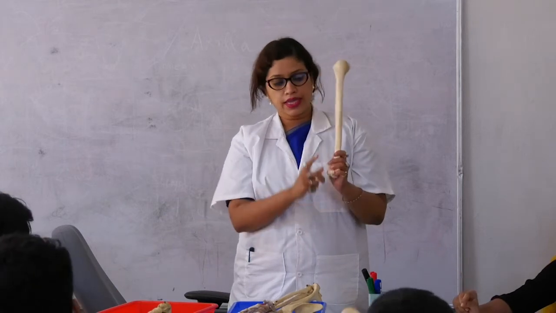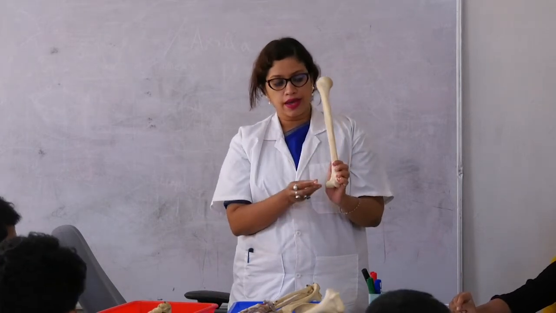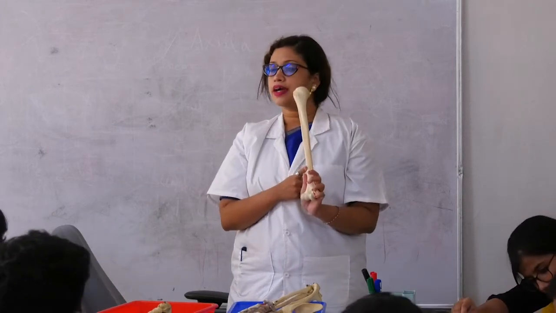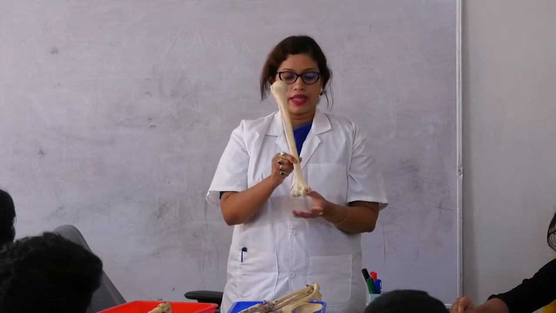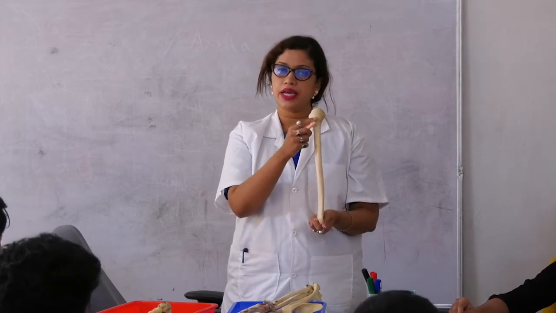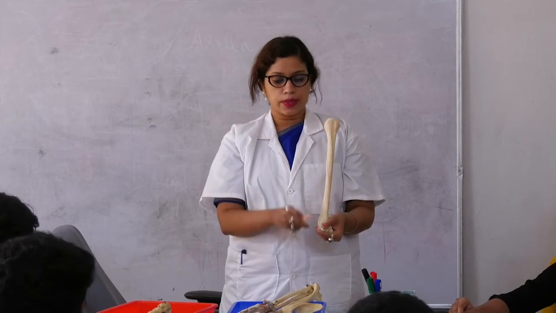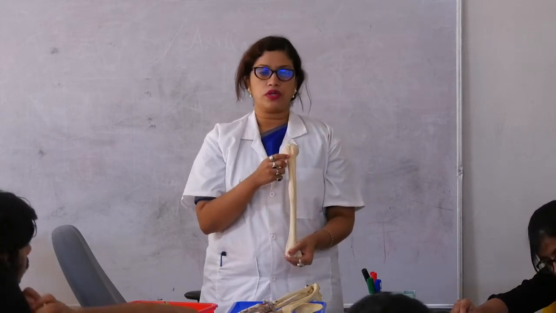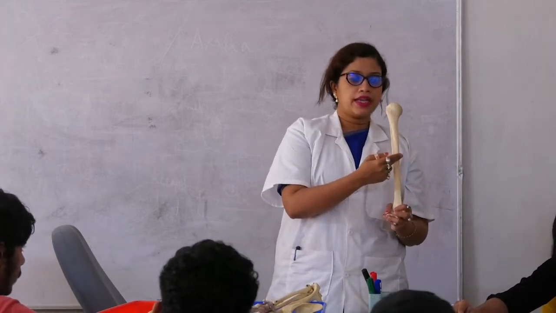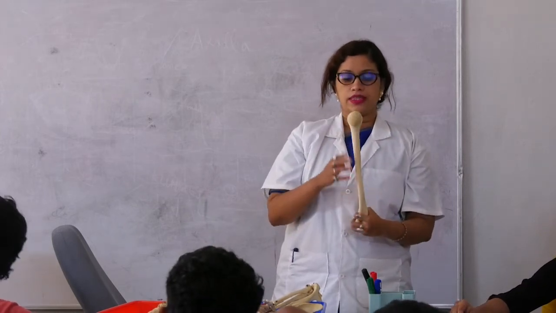Between the capitulum and the trochlea, one border is going up, that is the anterior border. Then towards the medial epicondyle, another border goes, the medial border, and towards the lateral epicondyle, that is the lateral border. So what surfaces are we getting? Anteromedial, anterolateral, and posterior surface. Okay, these are the three.